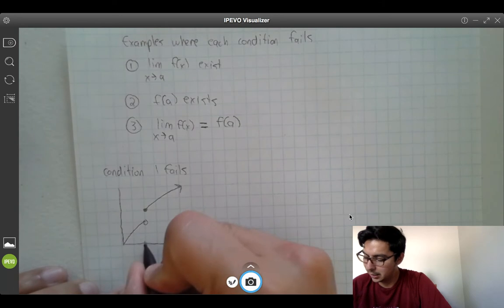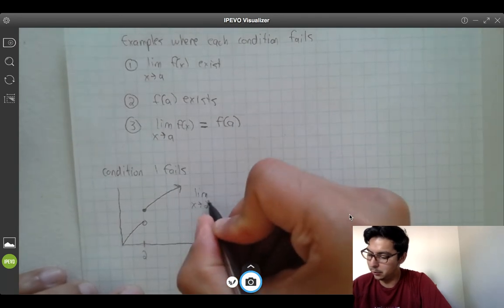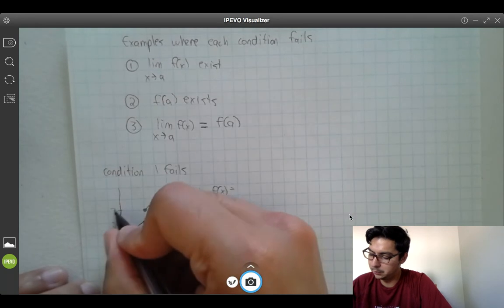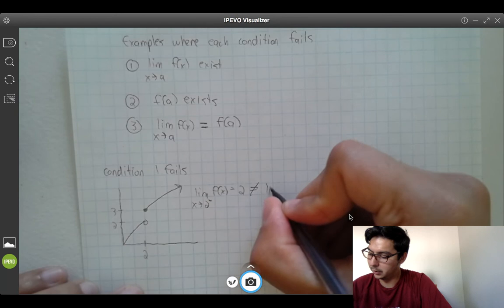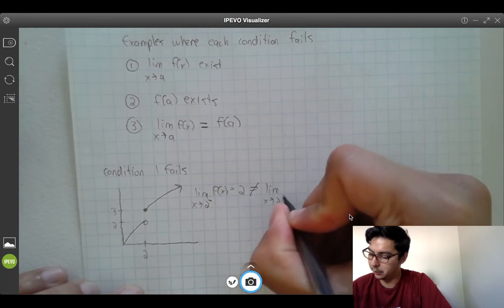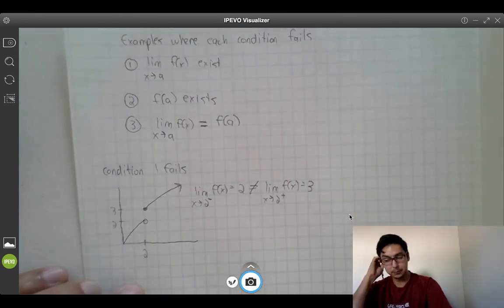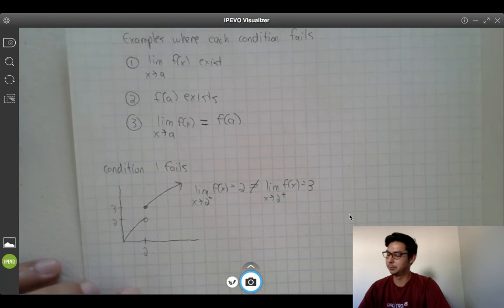But why is that? The limit as x approaches 2 from the left is equal to 2 here, which is not equal to the limit as x approaches 2 from the right, which is equal to 3. Okay. So that's where condition one would fail. The limits don't meet up.